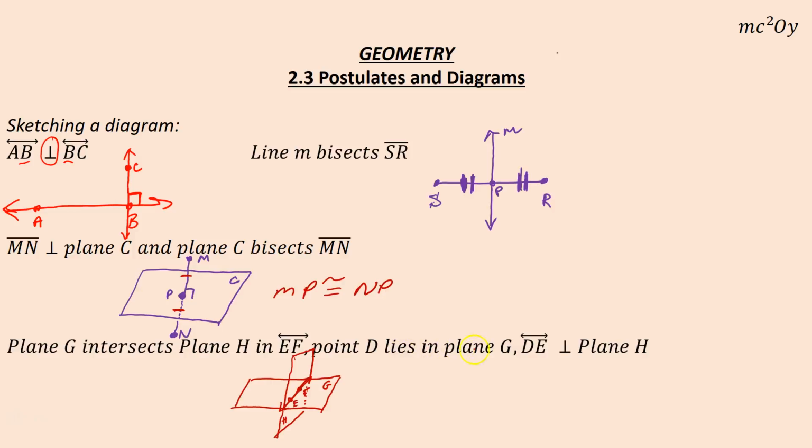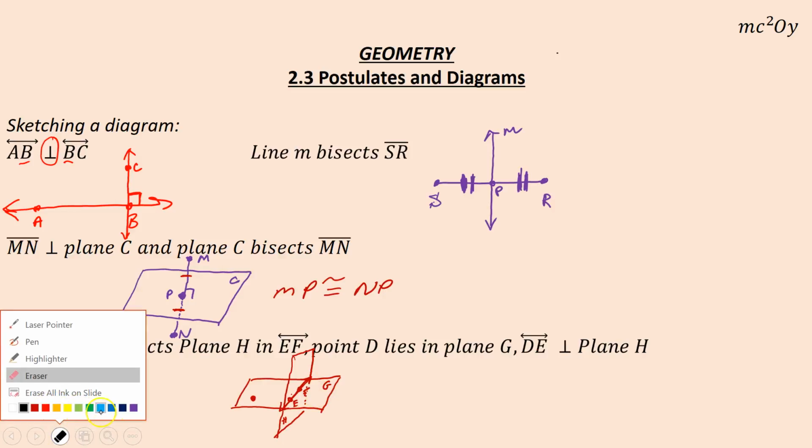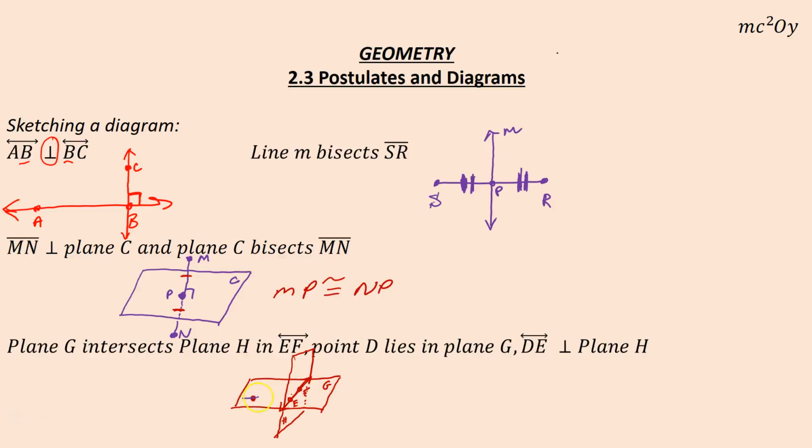And then point D lies in plane G, and DE is perpendicular to H. So point D has to lie in plane G in a way that the line that goes through D and punches through E, like so, is perpendicular to plane H. It may help just a little to use a different color, and that could help you as well if you were doing these.